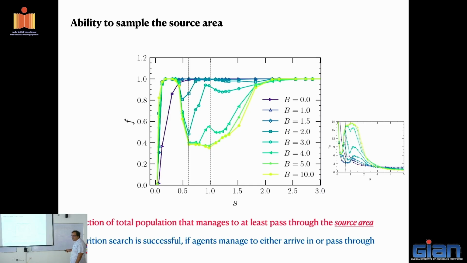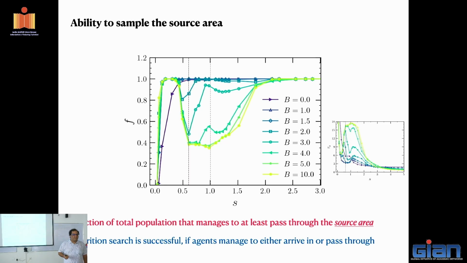Now, what I'm plotting here is something very important. I wanted to see whether bacteria can come to the source area or at least pass through the source area. So I'm plotting the fraction of the total population that manages to at least pass through the source area. This curve is f, that fraction, versus swimming number.